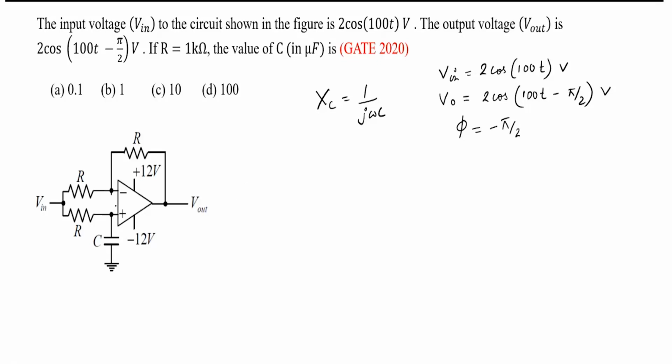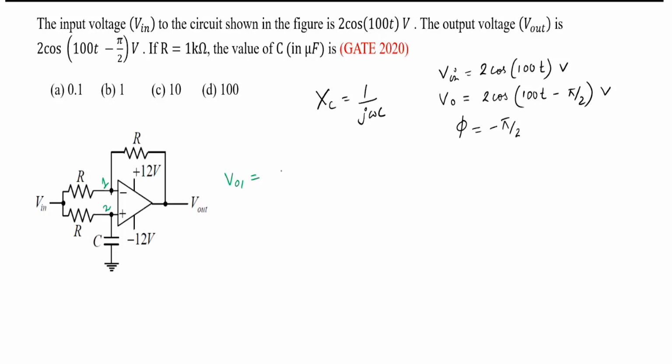Now, for this circuit, the inputs are given to both the terminals, right? So I'll call this one terminal 1 and this one terminal 2. Now, can I find out V01? Input is given only to 1 and 2 is grounded. Can I use that trick? Yes or no?